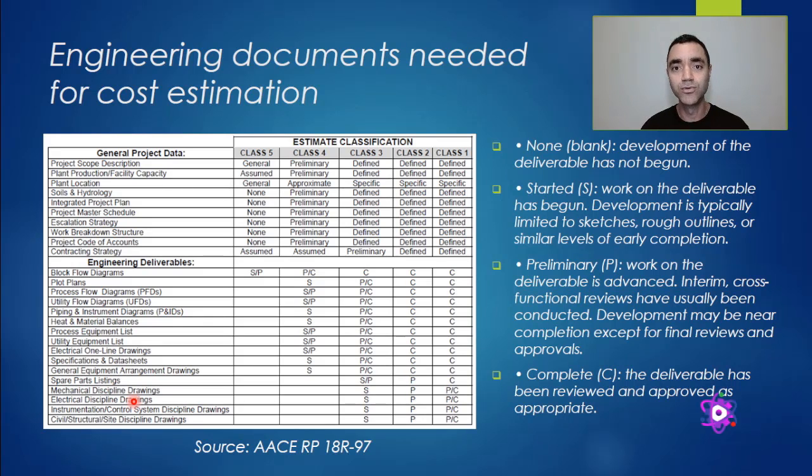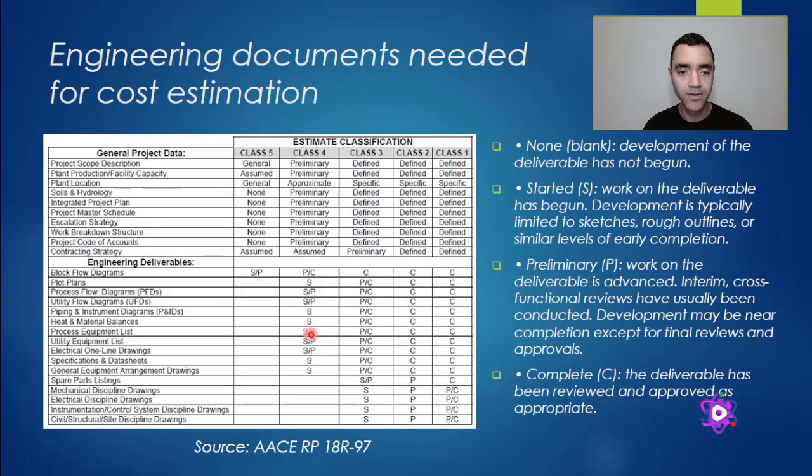Of course, during the construction, changes may happen, and you will issue at the end of the project the as-built drawings. So with this table here, it's possible to do a prediction or to evaluate what kind of class you can reach with your cost estimation.